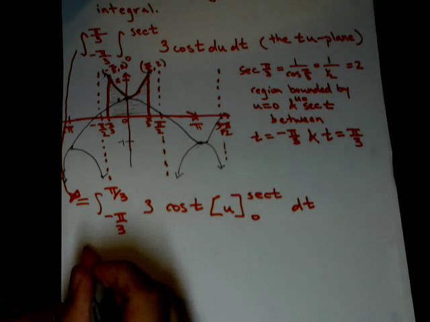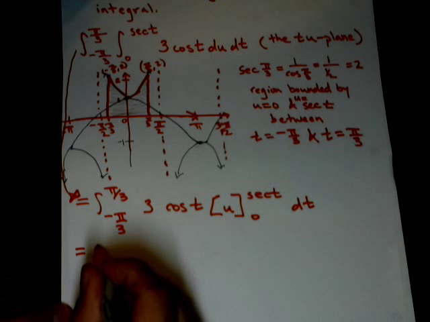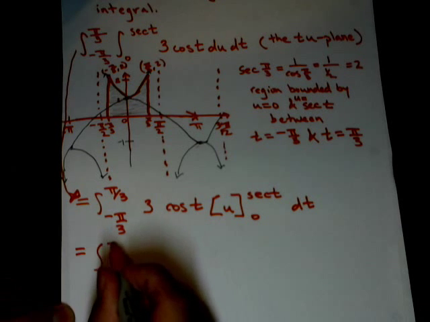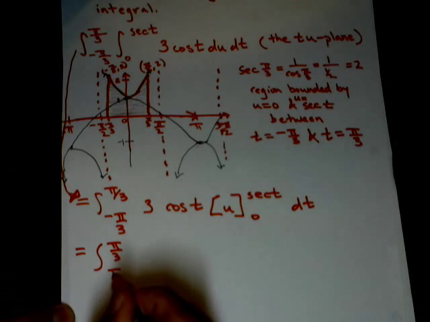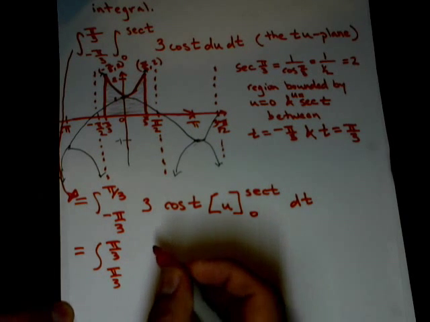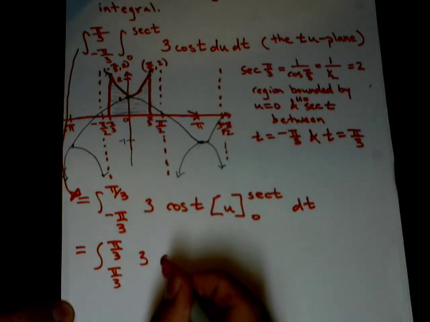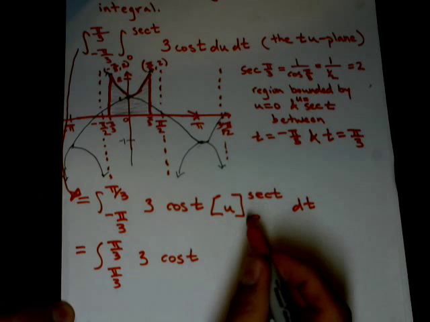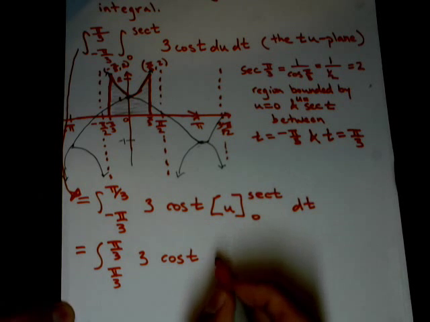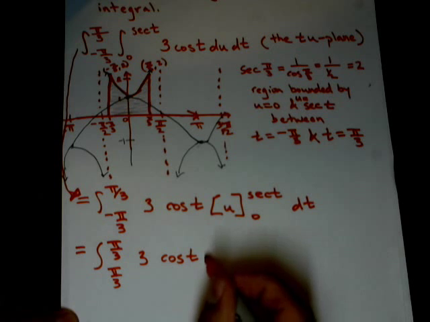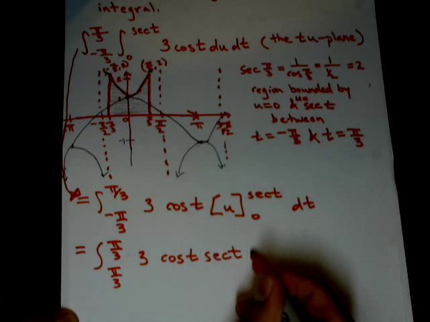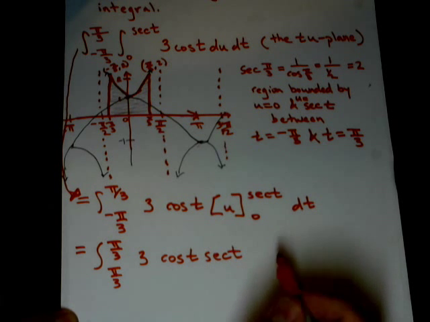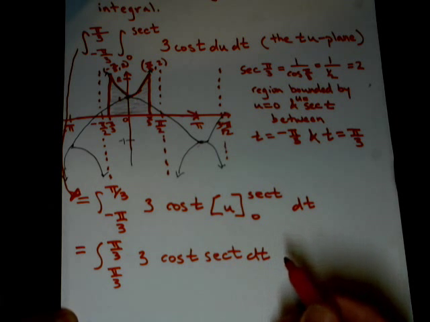So this is going to equal, with our limits, 3 cosine t, and this is just going to give us a secant t, times our differential dt.